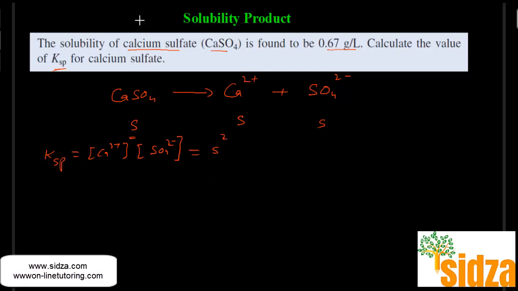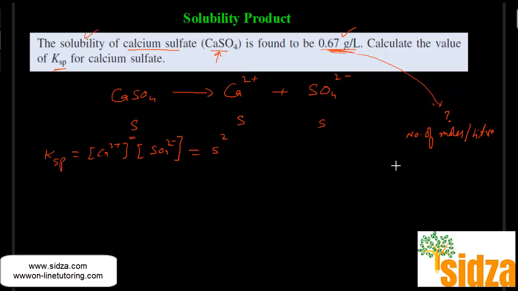Now the solubility that we are given here is actually 0.67 grams per liter. It's not moles per liter, it is grams. So we need to find the number of moles per liter. We can divide 0.67, the weight of the calcium sulfate, by its molar mass. When you divide the weight by the molar mass, you get the number of moles.